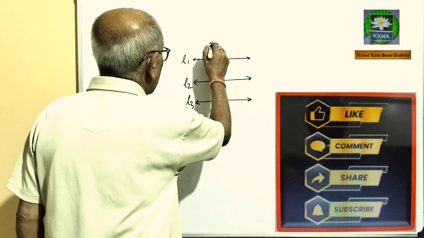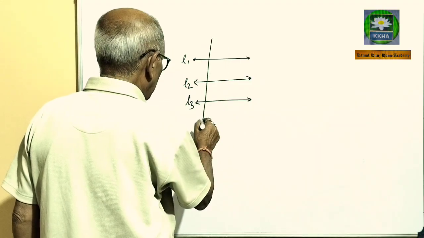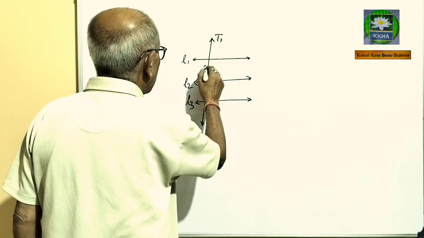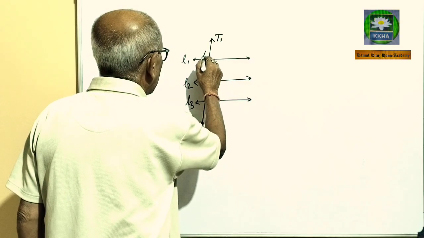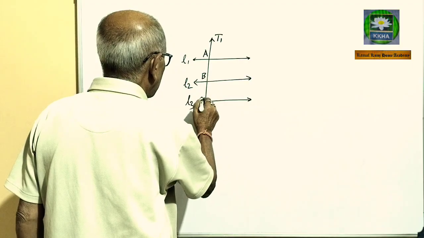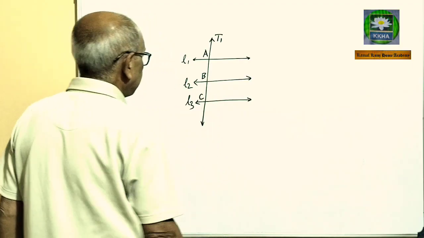The transversal T1 intersects them at A, B, C.